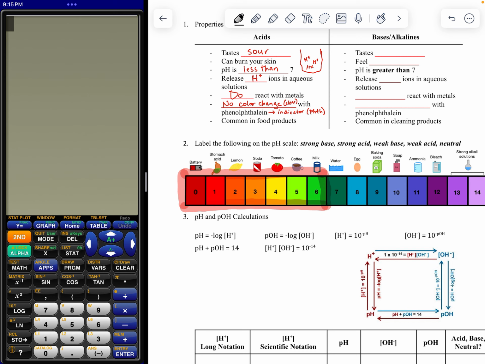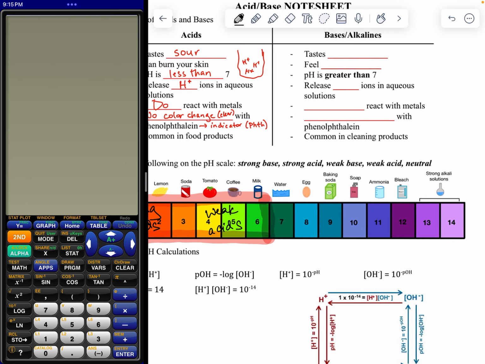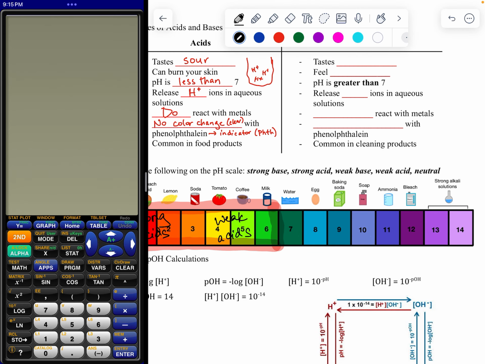And if you had to say what the stronger acids are, they are closer to 0 or closer to 1. And then the weaker acids are a little bit closer to that neutral area there.